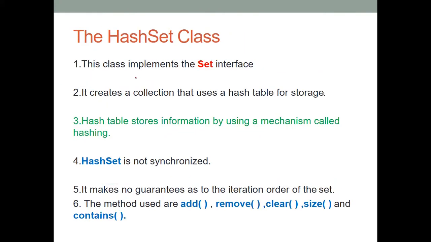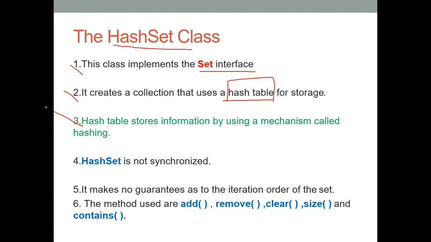Next, the HashSet class. I'm going to discuss the details of HashSet. This class implements the Set interface. It creates a collection that uses a hash table for storage, so it internally creates the hash table to store the data.